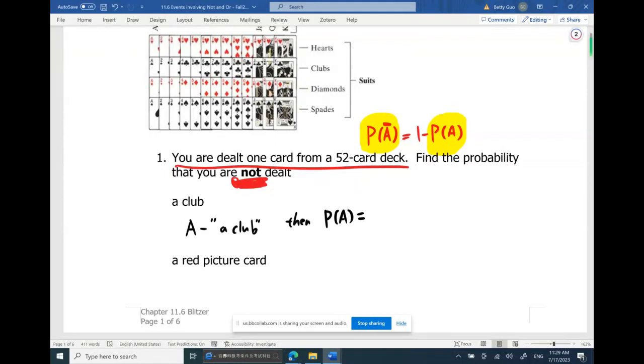We can see the sample space as 4 suits: hearts, clubs, diamonds, spades, and it's classical because each suit has 13 cards. So each suit has the same chance to occur. Then the sample space has 4 possible outcomes, and event A is to get a club card, so that is 1/4, right?